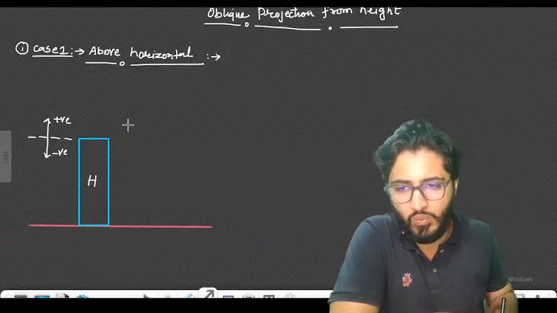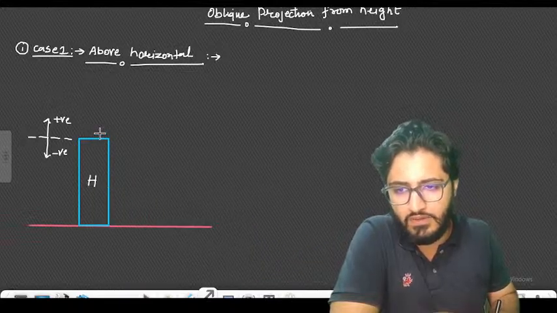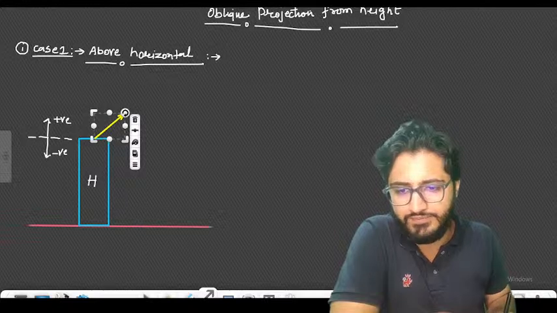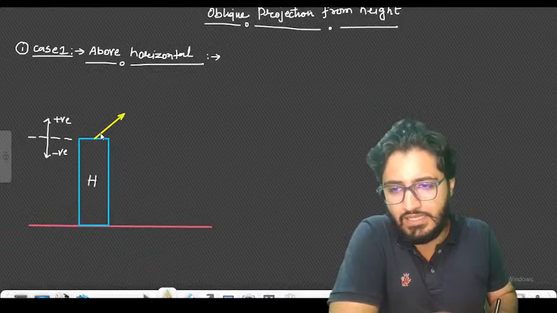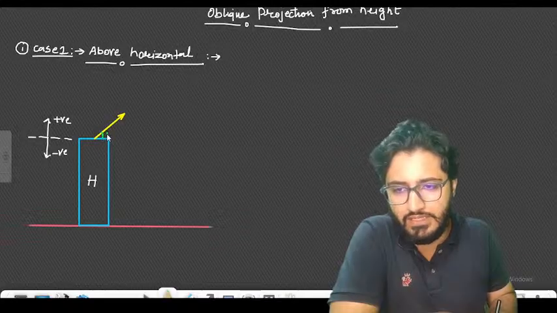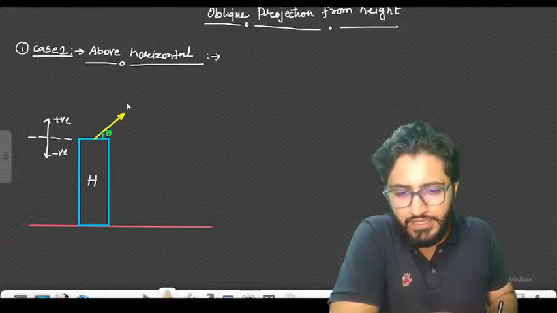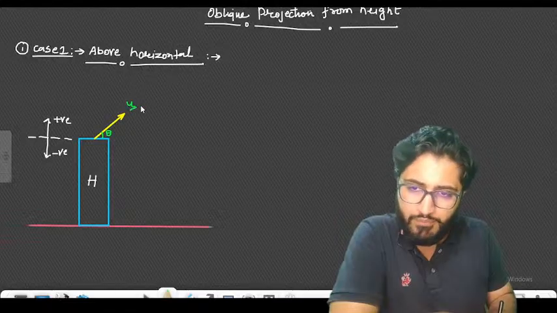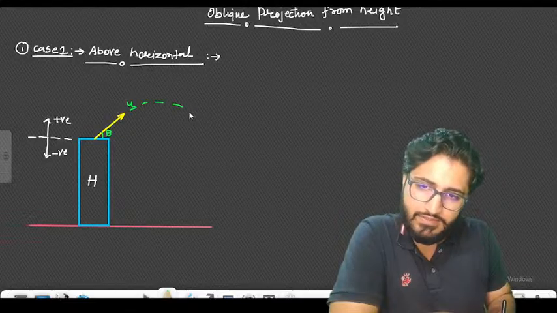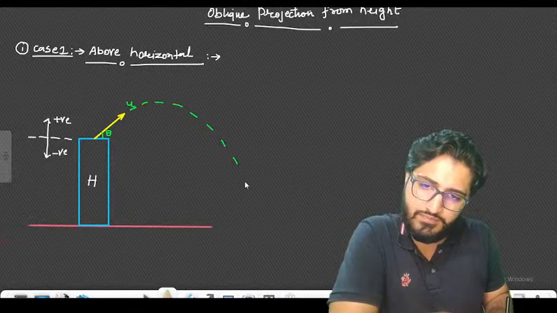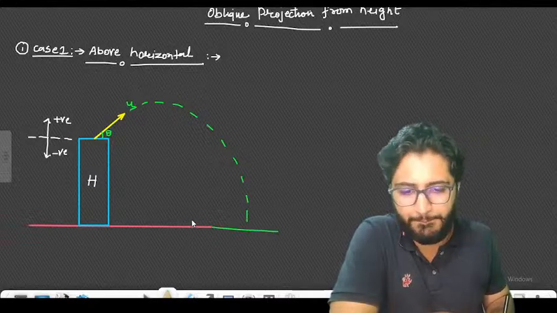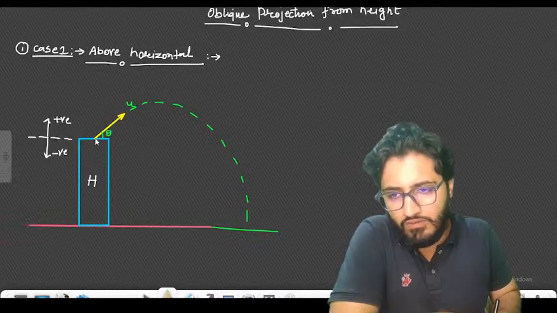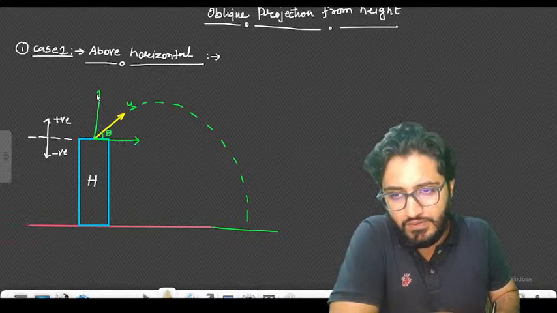Now we are throwing something with angle theta. This is my angle theta. My speed is u. So my projectile will become like this. This is my projectile. Now, as you can see, I will make component forms.